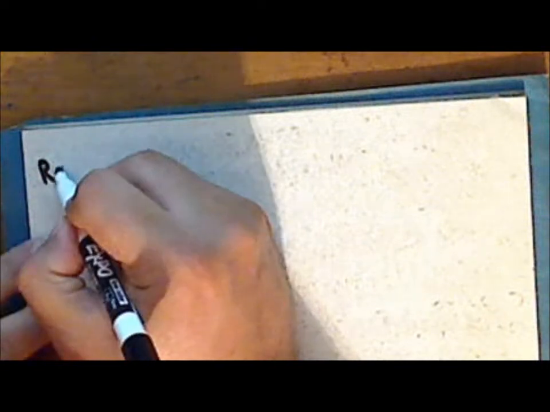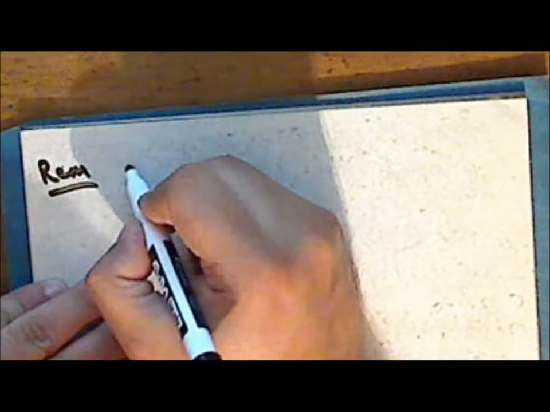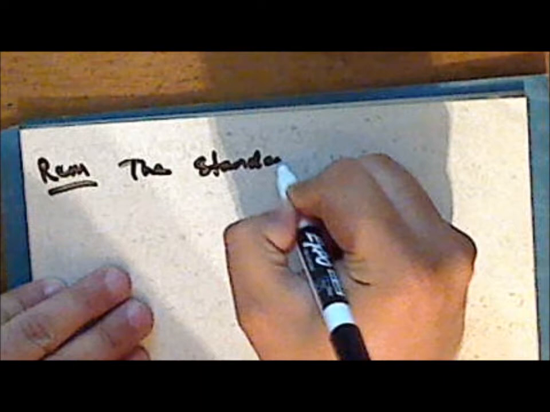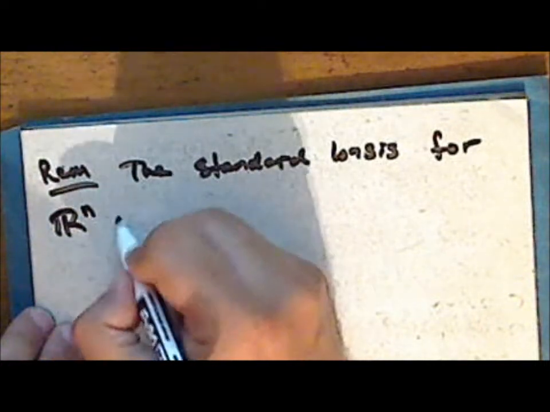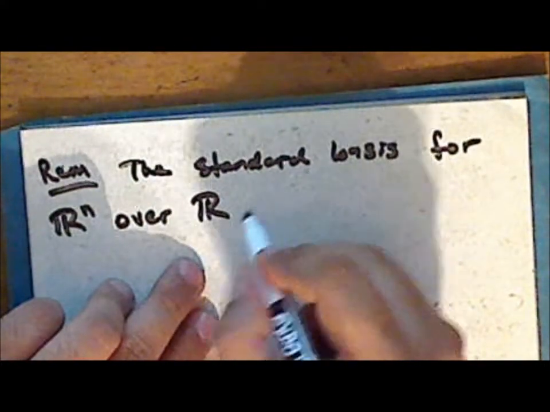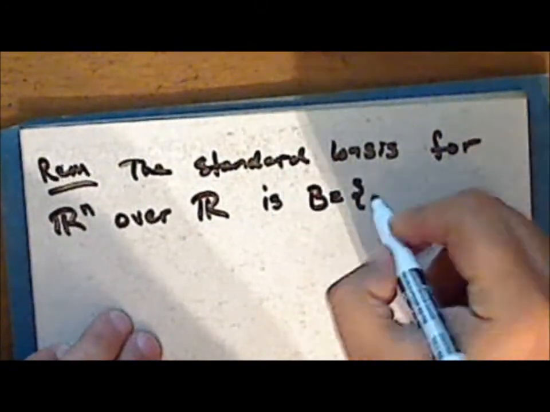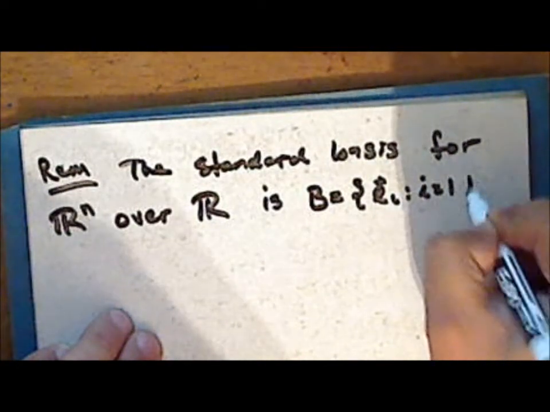So again, considering what we call n-dimensional real space, the standard basis for n-dimensional real space over the set of scalars consisting of real numbers is once again the set B consisting of vectors e sub i, where i ranges from 1 to n.